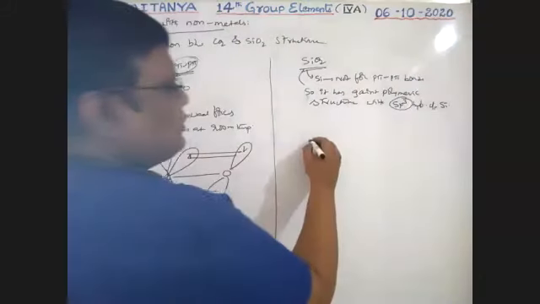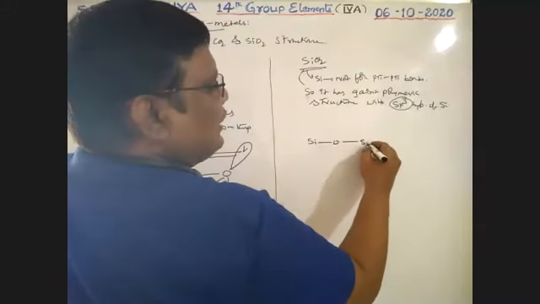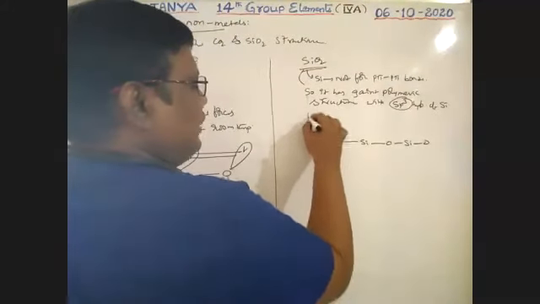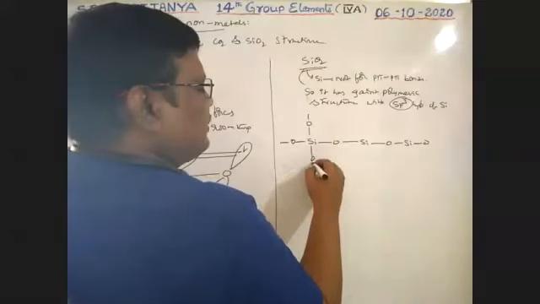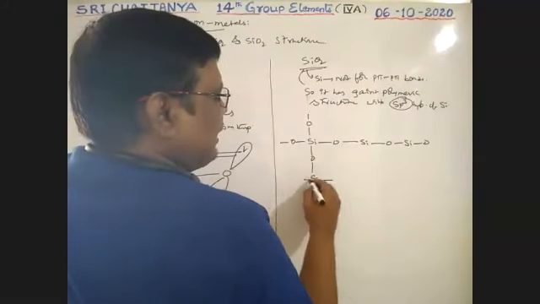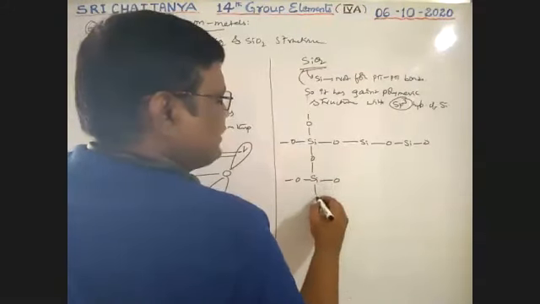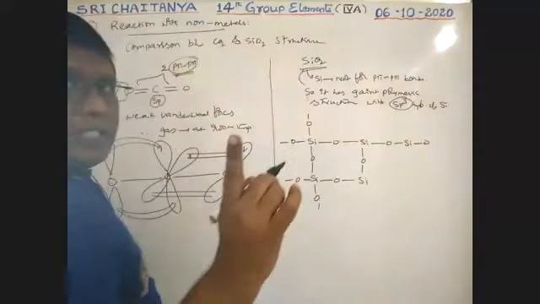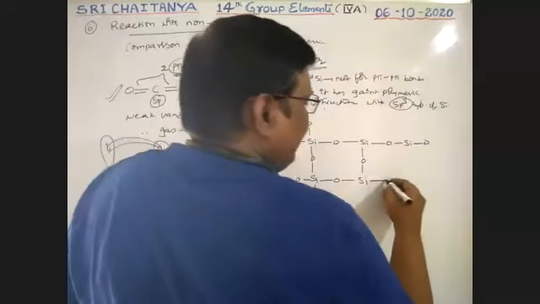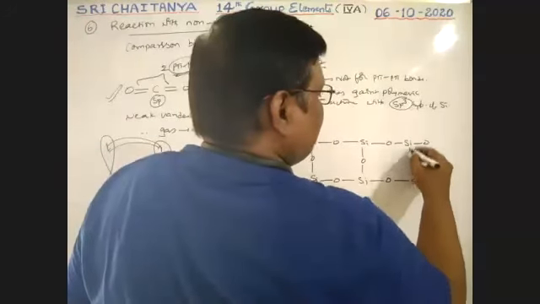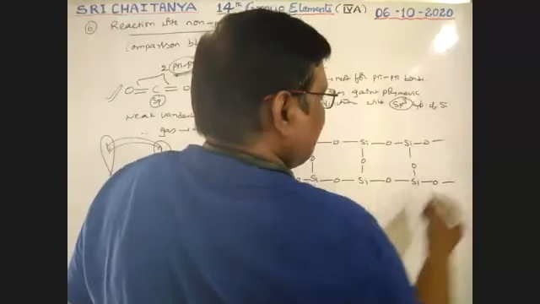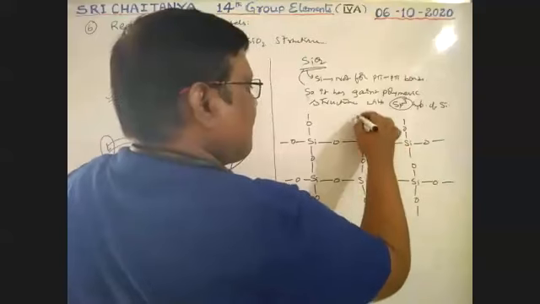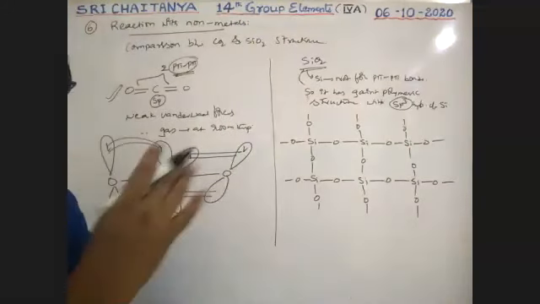See here, silicon is bonded with oxygen in a continuous manner. Silicon has 4 bonds, so 4 oxygens are simultaneously connected. Between any two silicons, one oxygen acts as a bridge. Like this the structure goes on, boys.